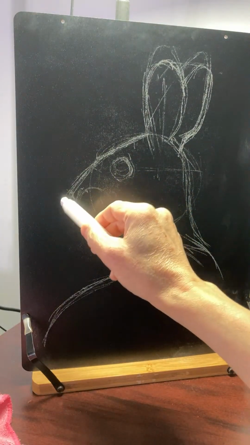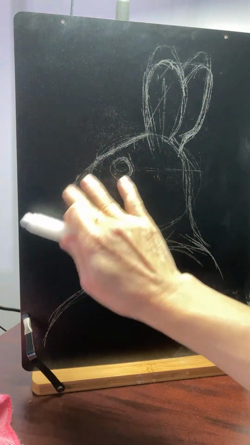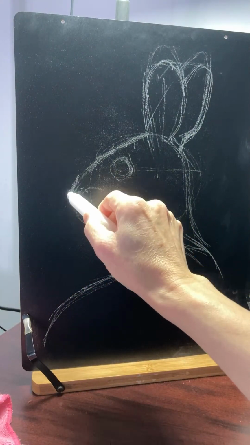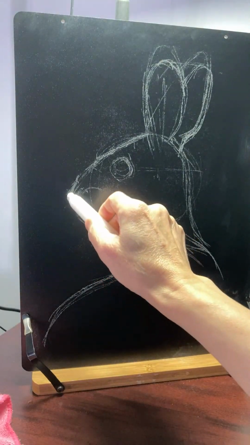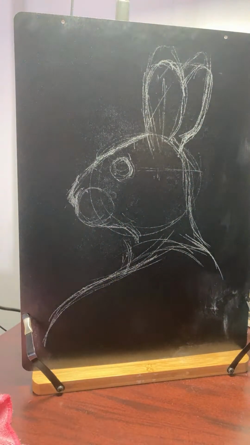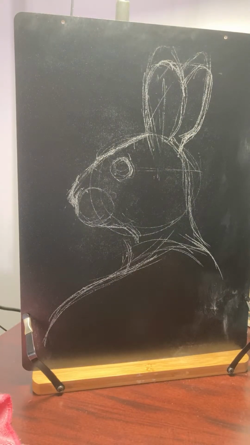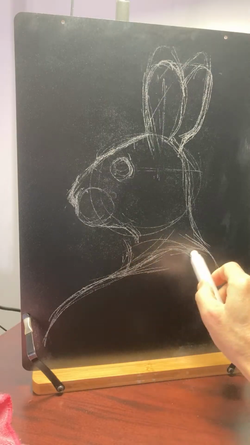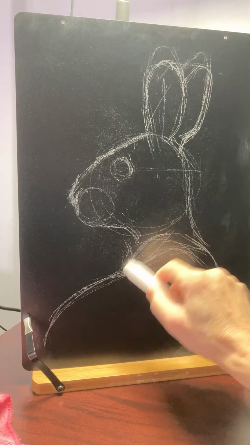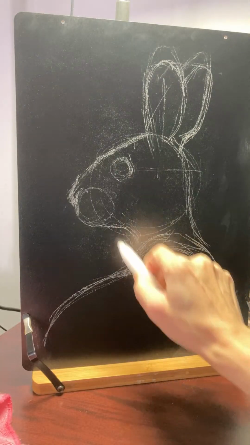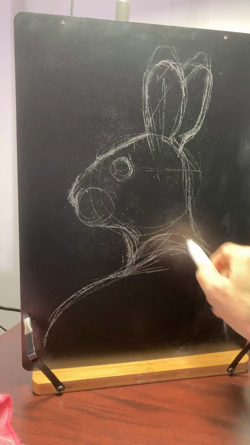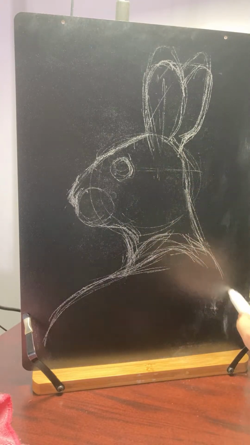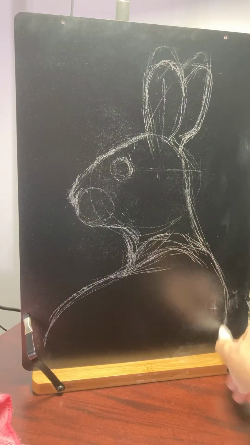So you've got the nose right there. All right, so that's the rabbit in sketch. There's the neck, his shoulder, right there. Okay, that's it.